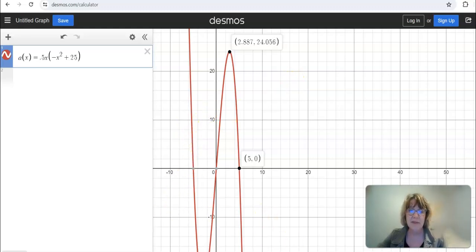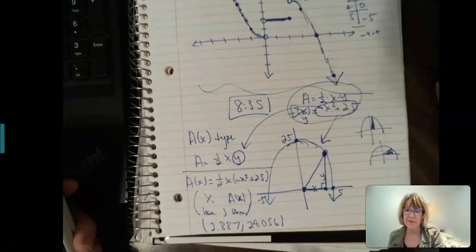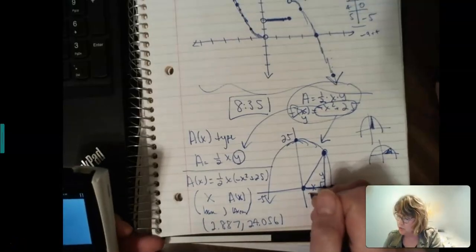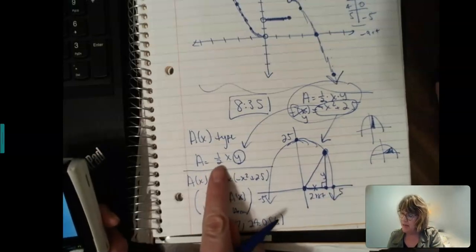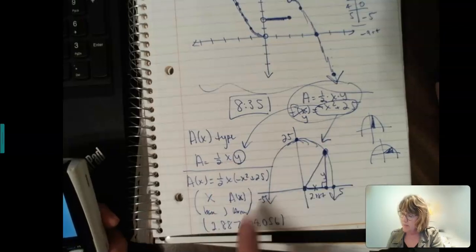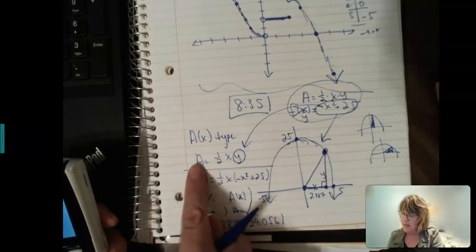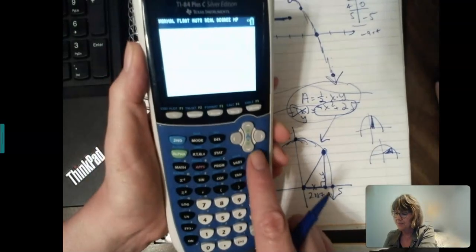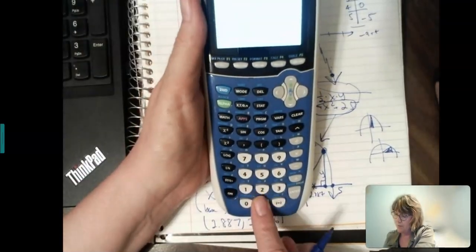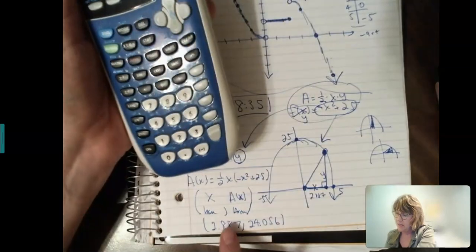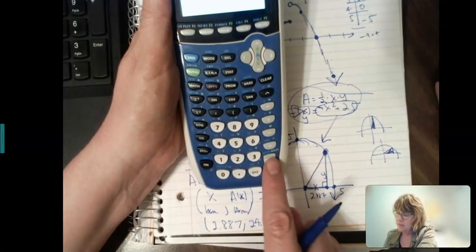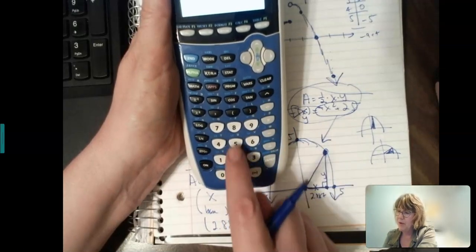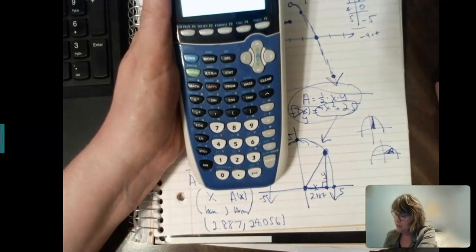All right, let me go back to my cam. So we know that this is 2.887. If I sub that back in, I would have to take my 24.056 and divide by that 2.887, and then divide that by 0.5 to go backwards.